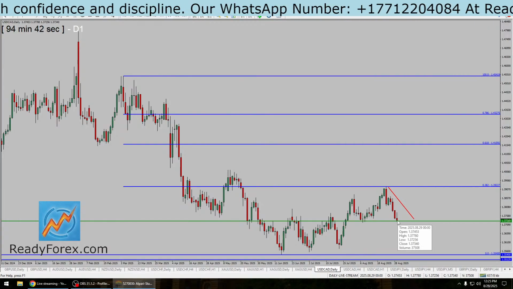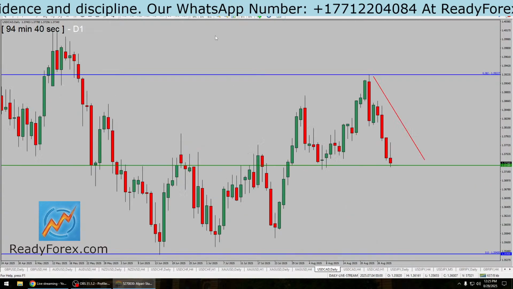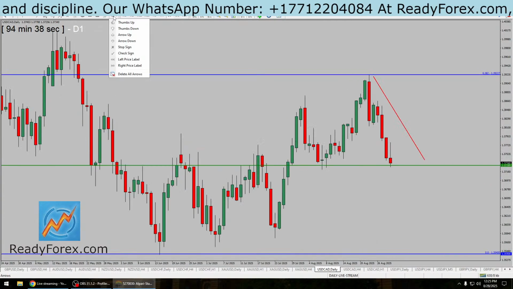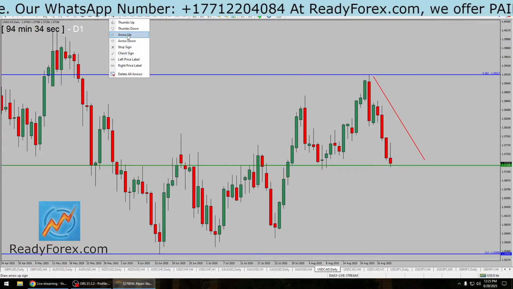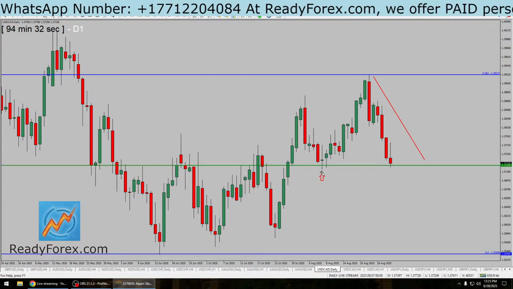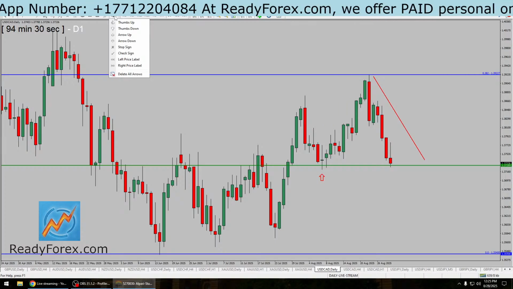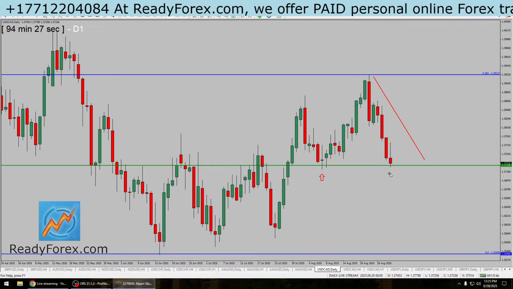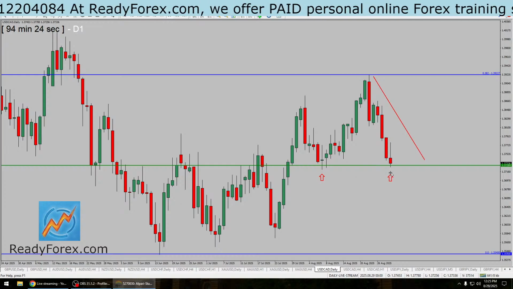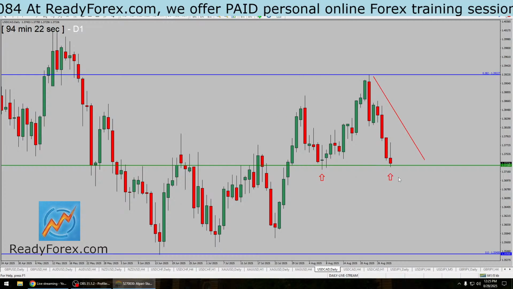So here we got a retest of this old support area. Here's the swing low right over here, and price action is testing the same level right over here again.